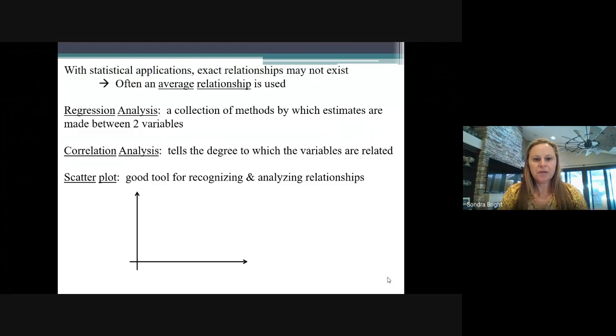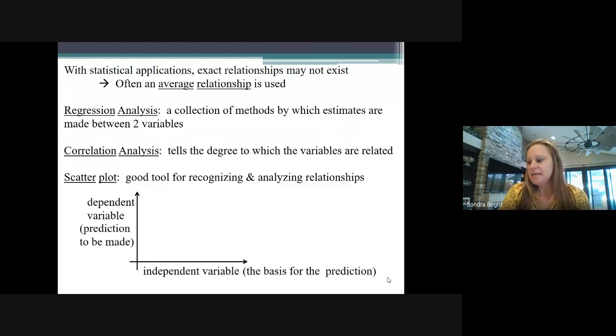The independent variable is always on the horizontal axis. The dependent variable is on the y-axis, or vertical axis. Your dependent variable is the prediction to be made, and the independent variable is your basis for the prediction.